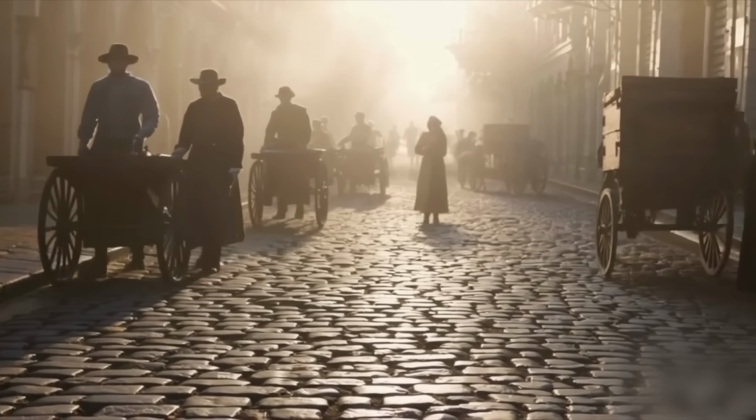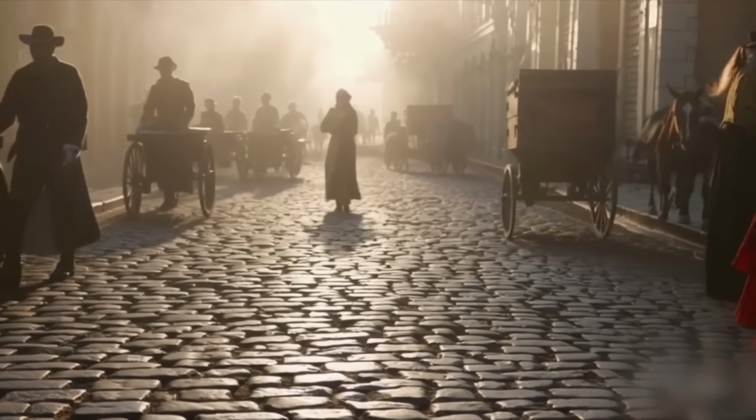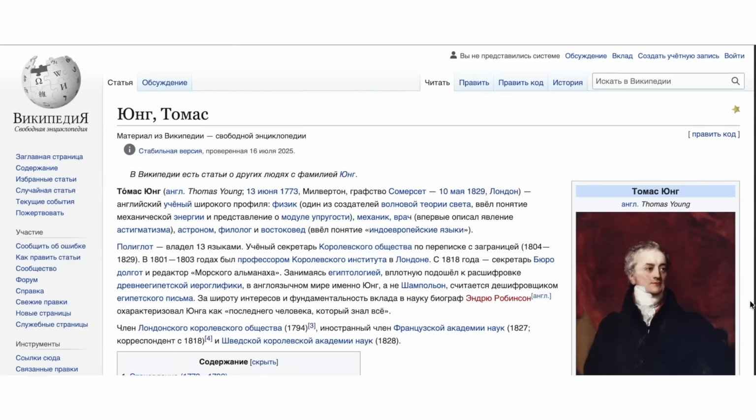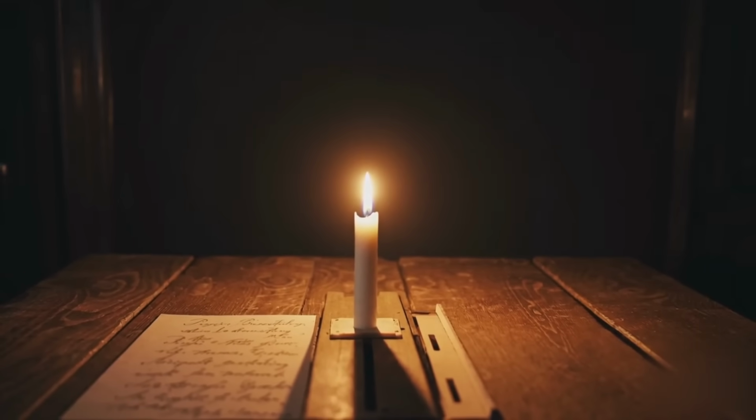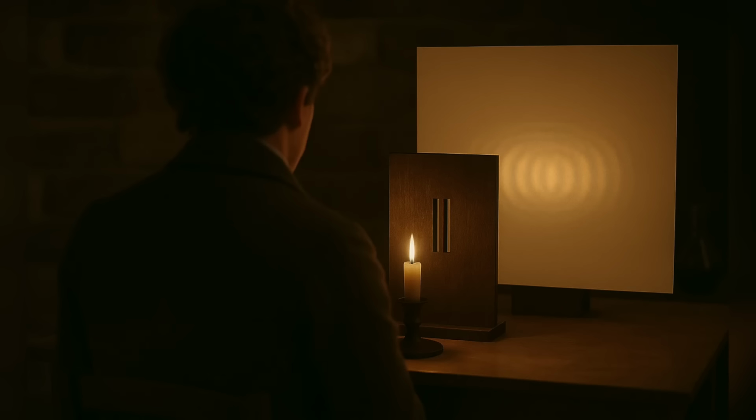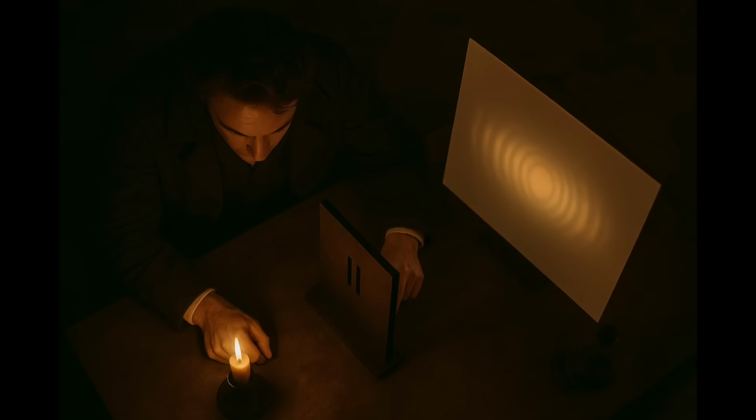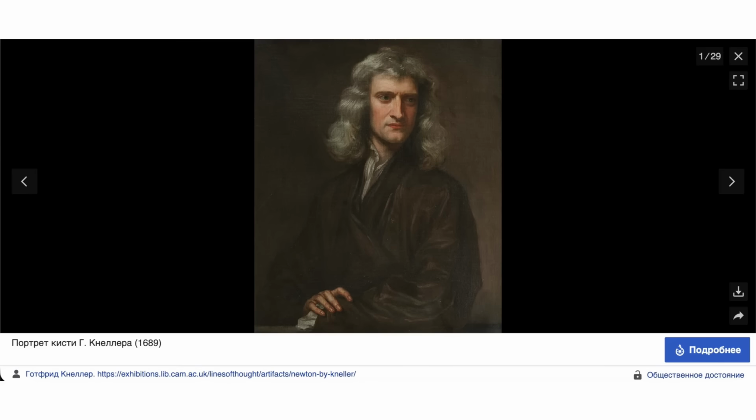At the beginning of the 19th century, specifically the year 1801, one of the greatest scientists of that time, Thomas Young, conducts an experiment with light. He placed a barrier with two identical slits in front of a light source, and behind it he set up a projection screen. According to the main theory of that time, light was a particle. This was asserted by none other than Sir Isaac Newton himself.